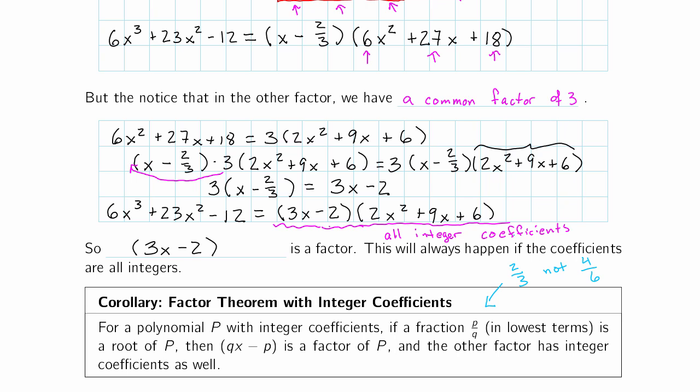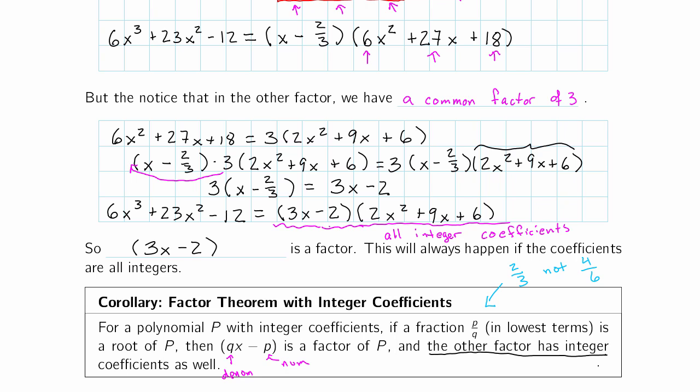If we have a fraction p over q in lowest terms, and that's a root of a polynomial, then qx minus p, so that'll be the denominator times x minus the numerator p, is a factor. And the other factor has integer coefficients as well. So we can factor it fully with only integer coefficients. And the factor that goes with that root we can write as qx minus p.